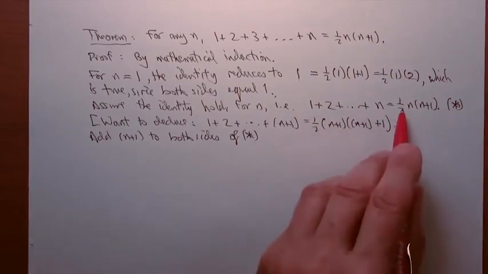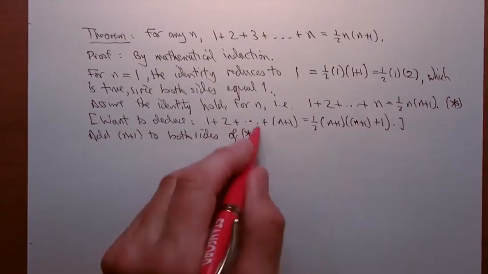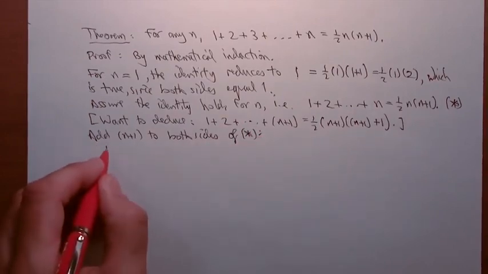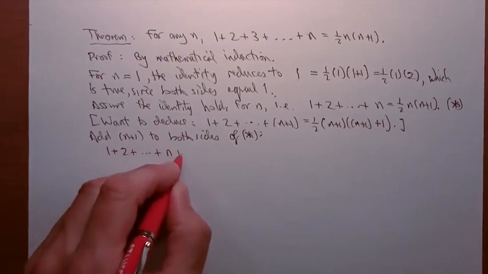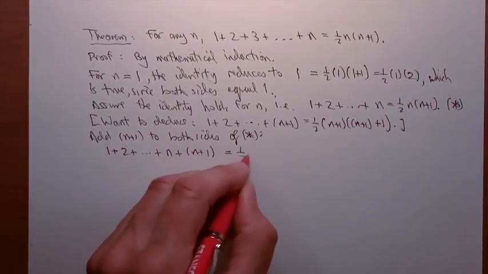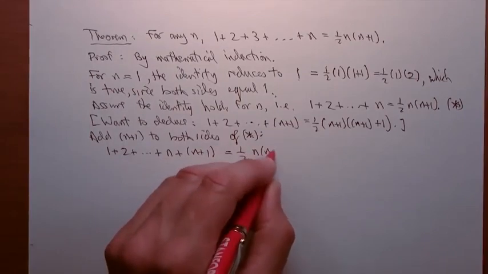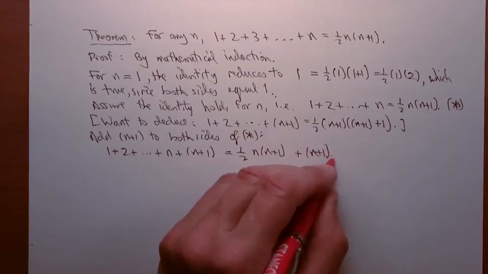So star is the identity I'm assuming. Let me add n + 1 to both sides of that. That gives me 1 + 2 + ... + n + 1 is a half n(n + 1) + (n + 1).